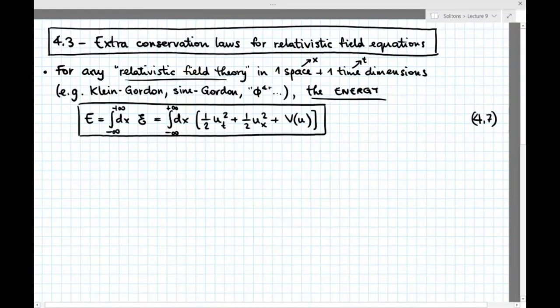For any relativistic field theory, the energy takes this form and is conserved. We'll derive this statement later today.